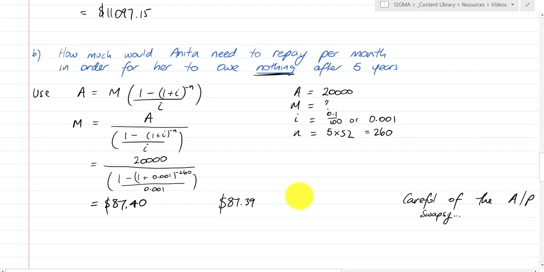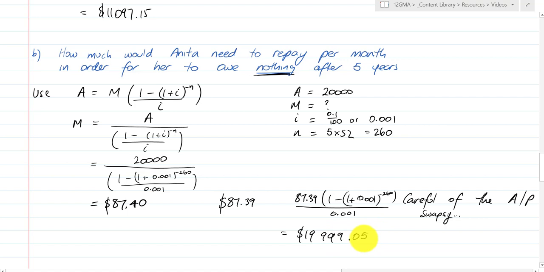so if I calculate 87.39, because it was a slightly higher value than that, minus 1 plus 0.001 to the power of negative 260 over 0.001, I get this, 19999.04, or actually 05, which means I still owe 95 cents.